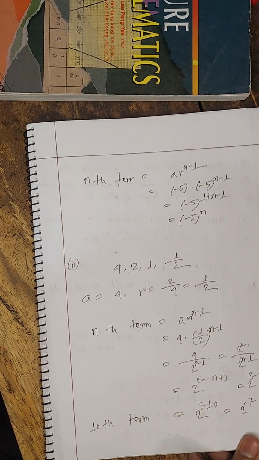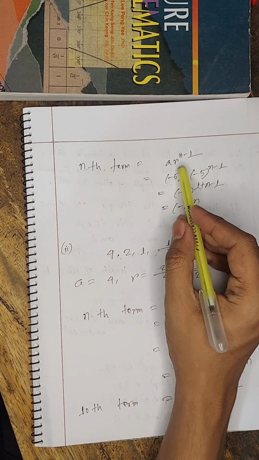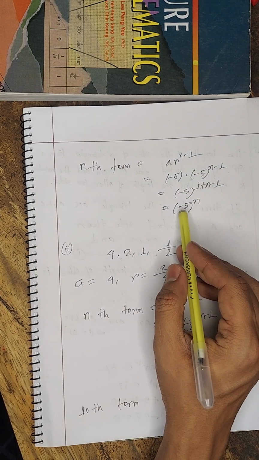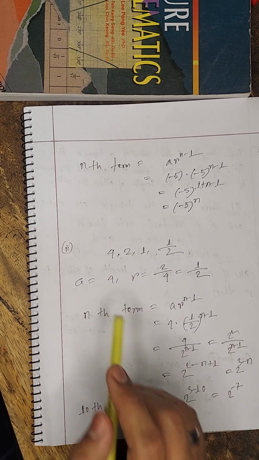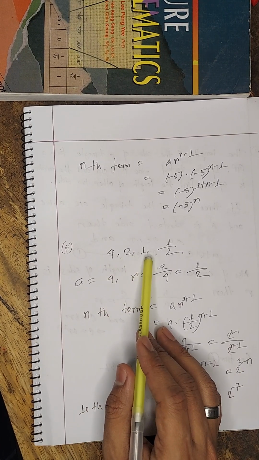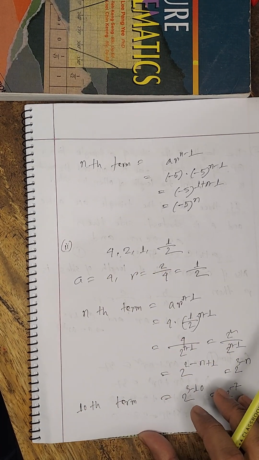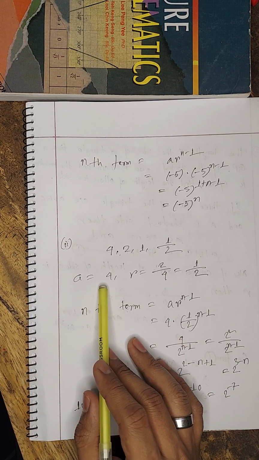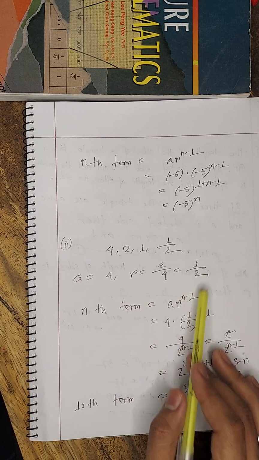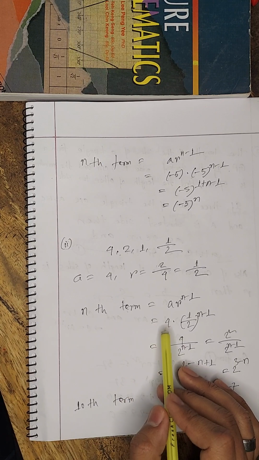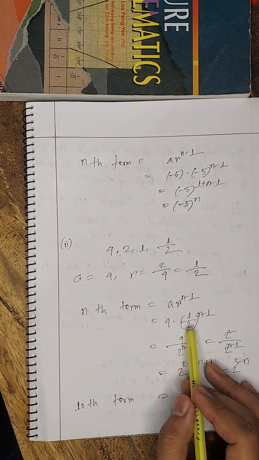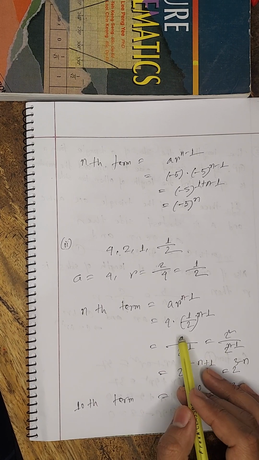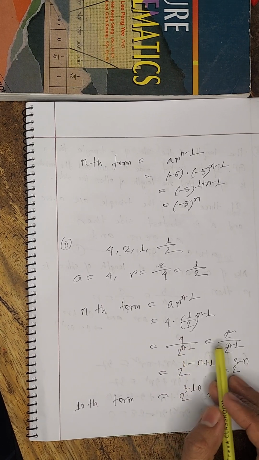Similarly, the nth term of that sequence will be AR to the power n minus 1, and after calculating, minus 5 to the power n. Now another sequence: 4, 2, 1, and half. Here the first term is 4, and the ratio is 1 by 2, and the nth term will be AR to the power n minus 1. That is, if we put the value of R here, we get 4 divided by 2 to the power n minus 1.